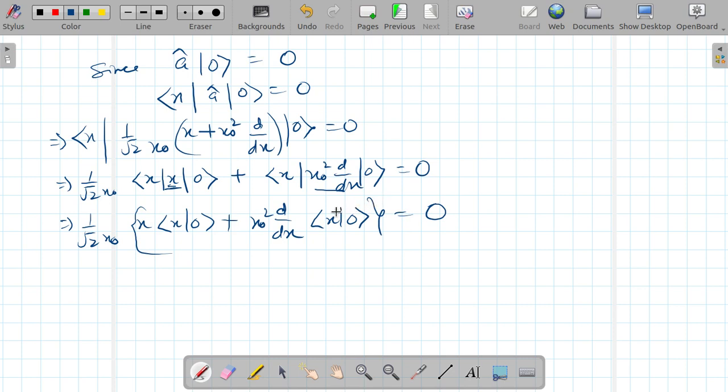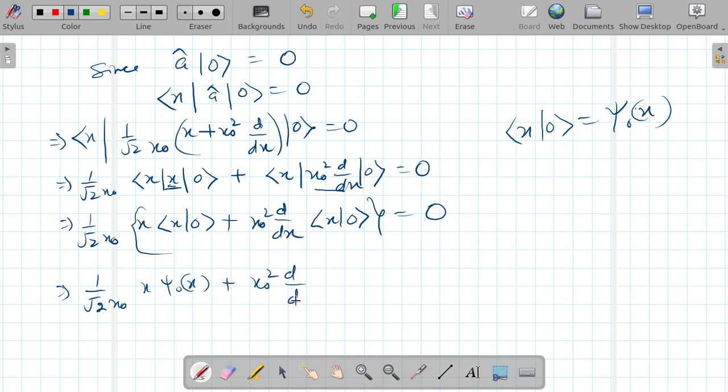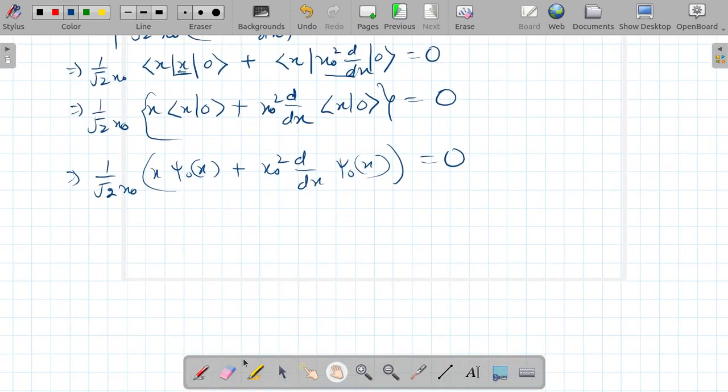But as you know, this state is nothing but the ground state wave function psi naught x. So if it is psi naught x, then I can write it as 1 by root 2 x naught, x psi naught x plus x naught square d upon dx psi naught x, and this is equal to 0. So that means x psi naught x plus x naught square d upon dx psi naught x is equal to 0, because the prefactor can never be 0.